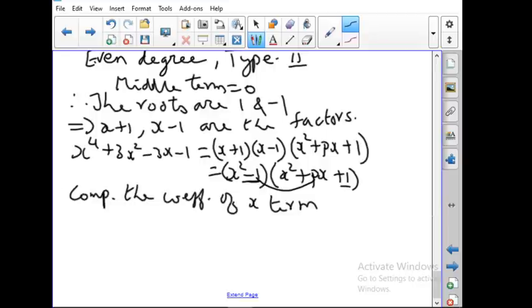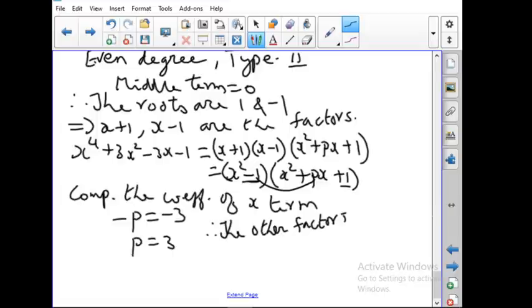We get the x term only when we multiply these two. So minus p is equal to minus 3, so p is equal to 3. Therefore, the other factor is x square plus 3x plus 1.